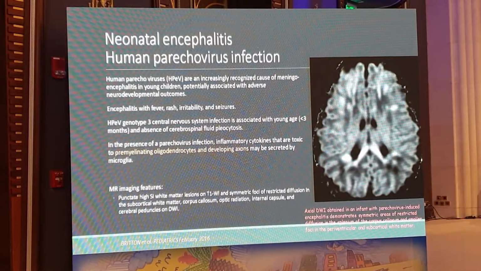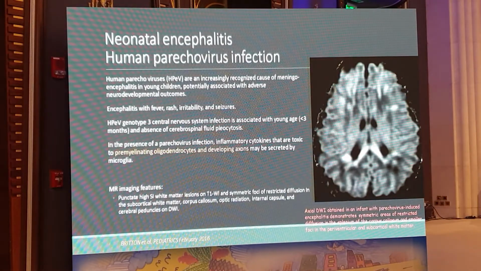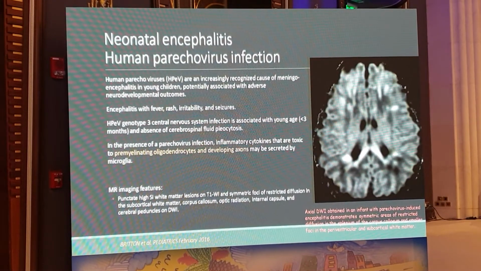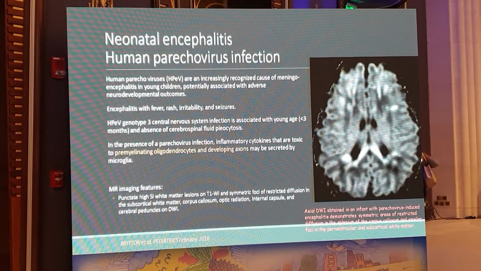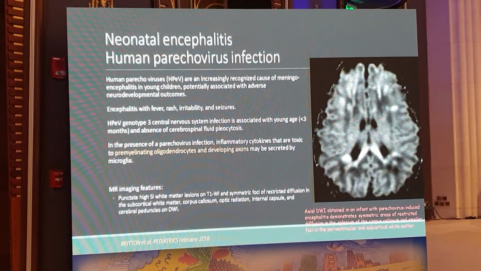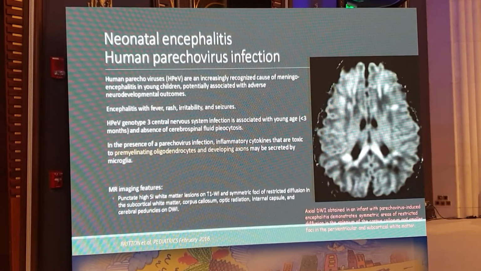Varicella virus infection can also affect the newborn brain because it has a special effect on an inflammatory cytokine that can be toxic to pre-myelinating oligodendrocytes and the developing axons. So we can see from the images that it especially involves the white matter tracts in the supratentorial and infratentorial brain.